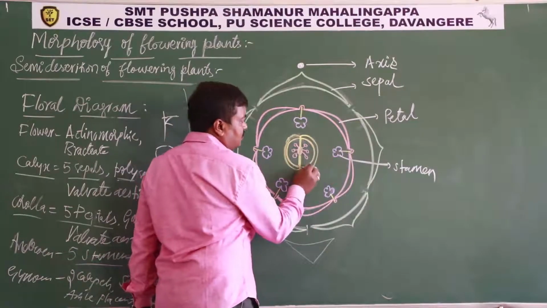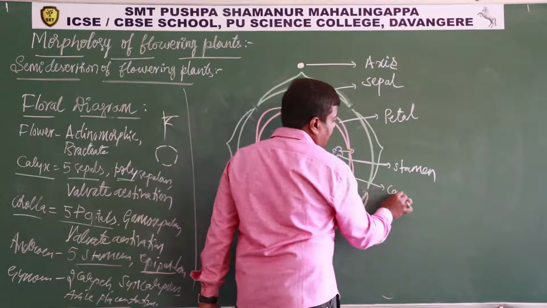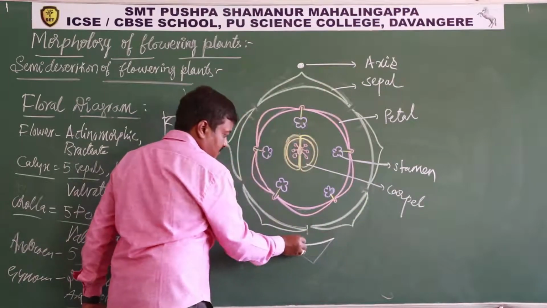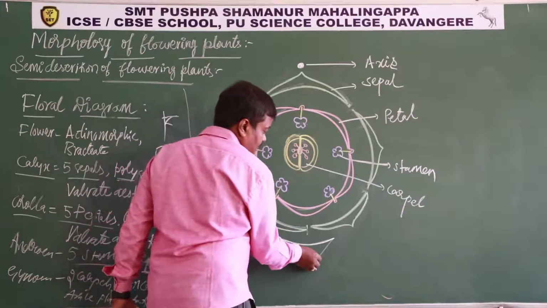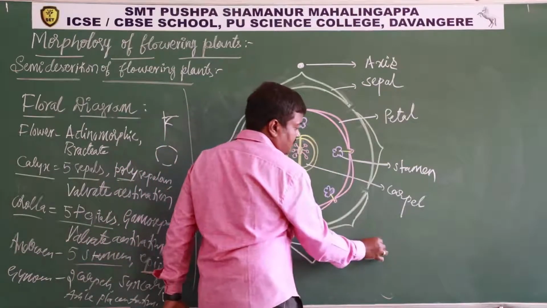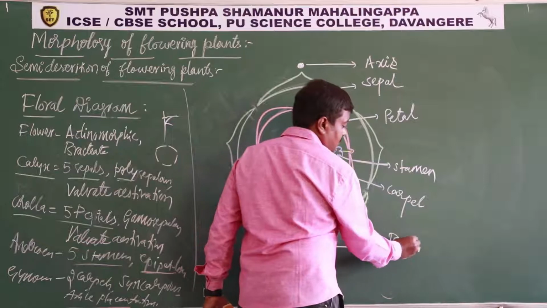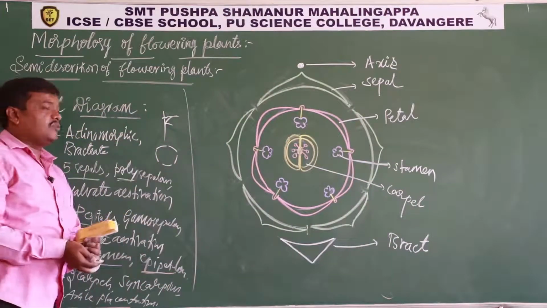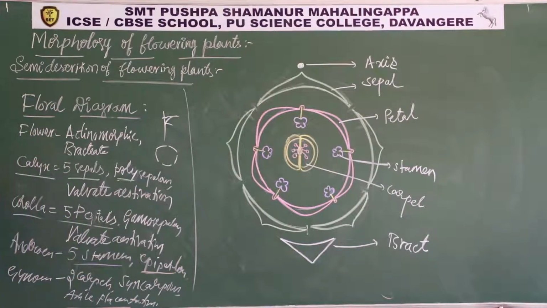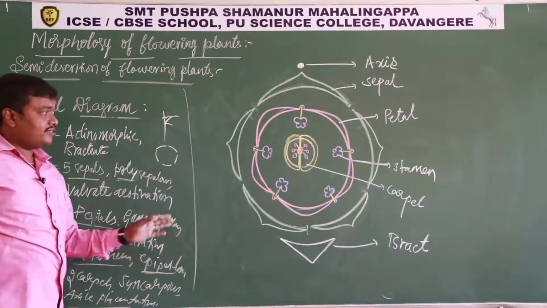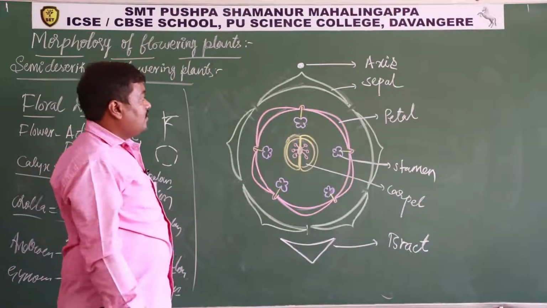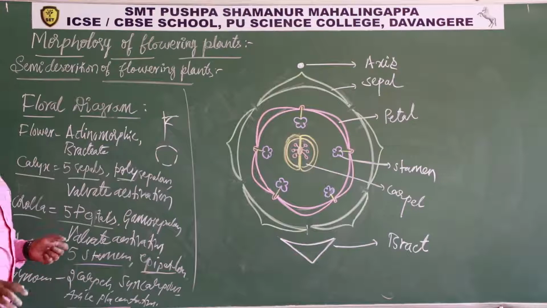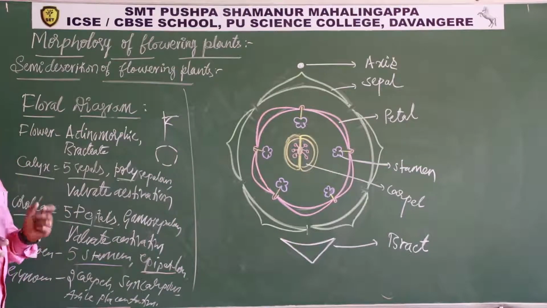So stamen. So this is carpel. The carpel and this one. So this one is bract. Okay, so like this we are going to write the floral diagram. Okay, so this is floral diagram. Okay, so hope you understand it. So how to write the floral diagram? So let me little alter the same thing.